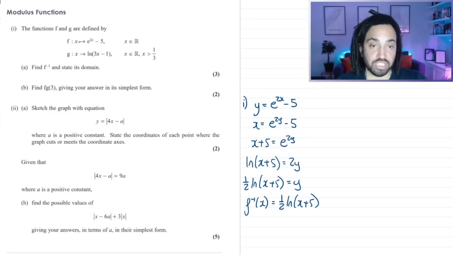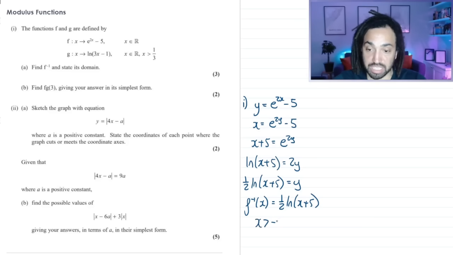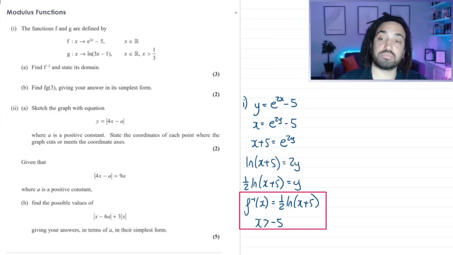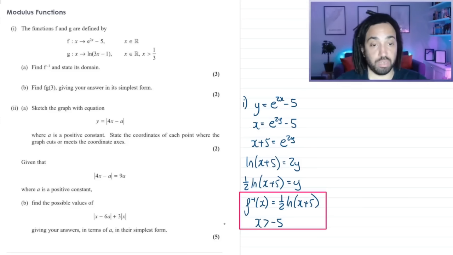So the range of f is greater than minus 5, which means the inverse function is going to be that x is greater than minus 5. That's the domain of the inverse, because the range of the original, f of x, is greater than minus 5. Okay, voila.